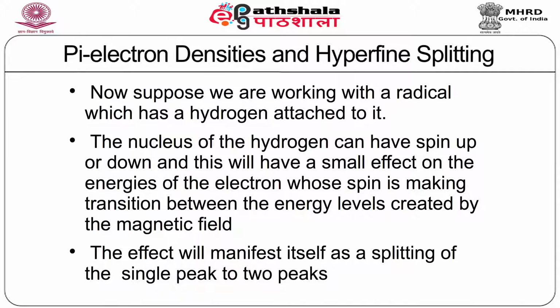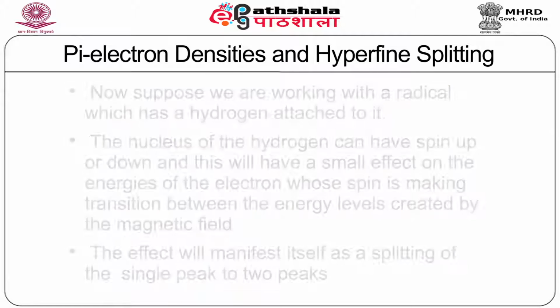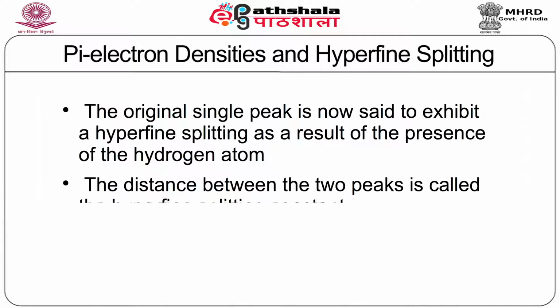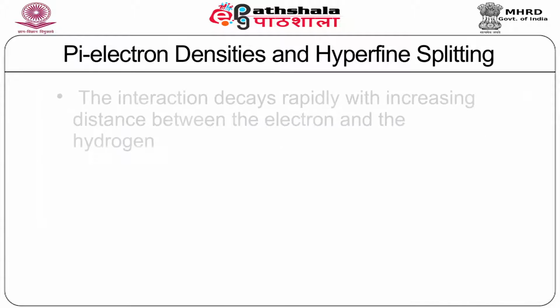The effect will manifest itself as a splitting of the single peak to two peaks. The original single peak is now said to exhibit a hyperfine splitting as a result of the presence of the hydrogen atom. The distance between the two peaks is called the hyperfine splitting constant.